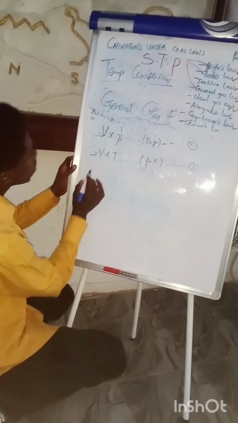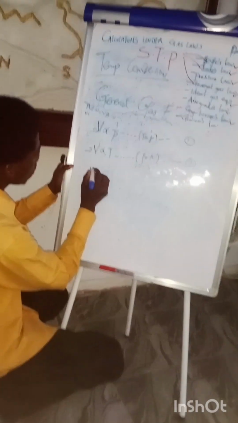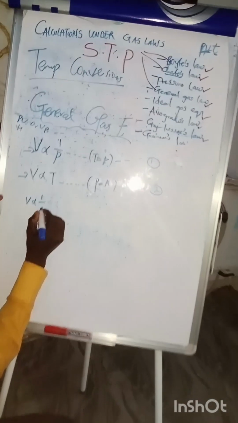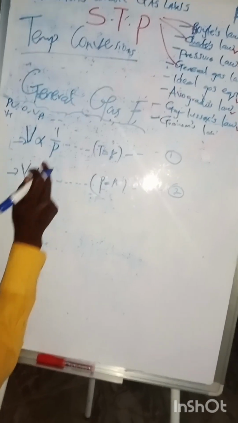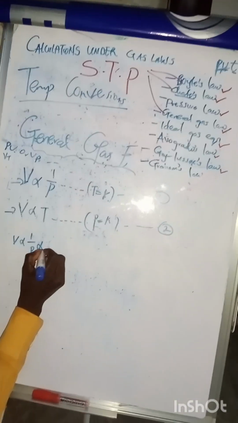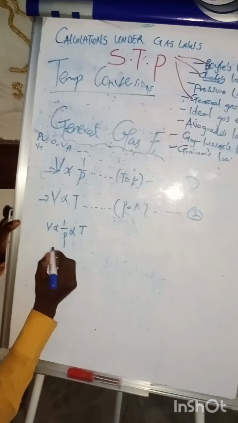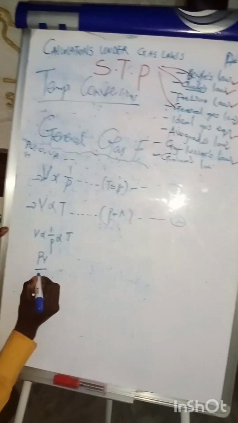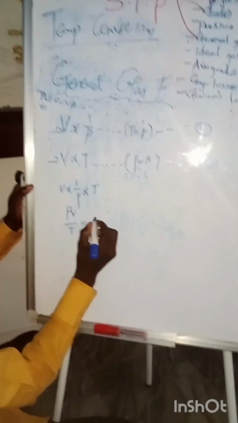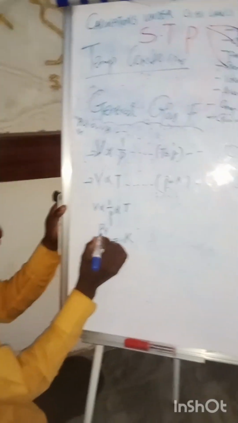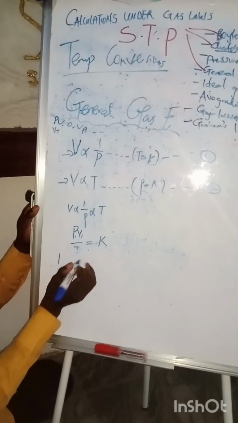So V is proportional to 1 over P, and also proportional to T. From here we know that PV over T is equal to a constant.